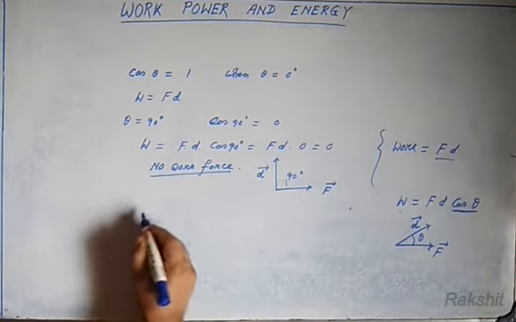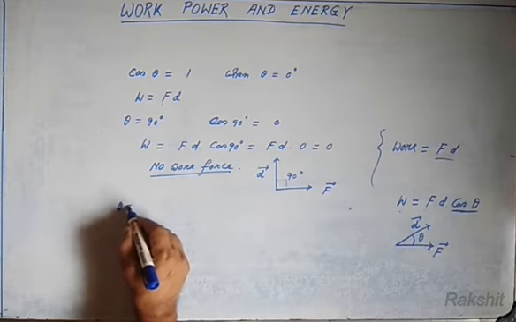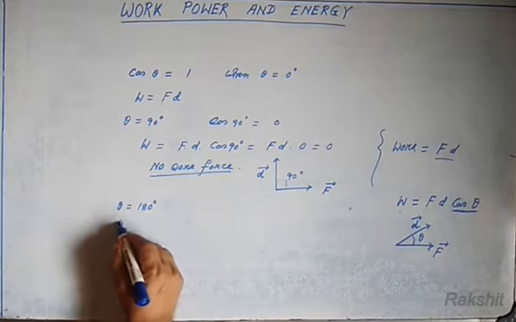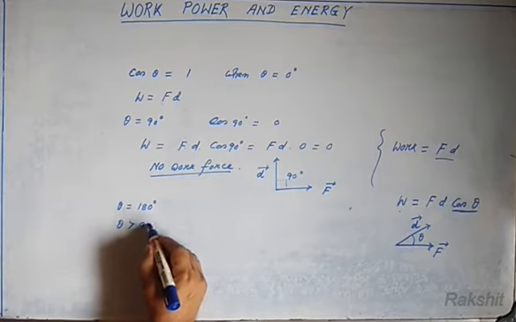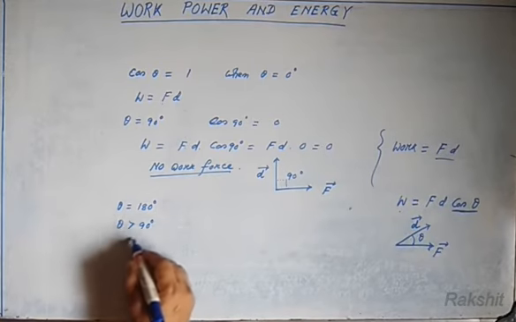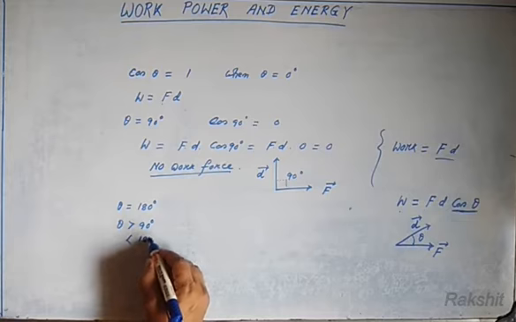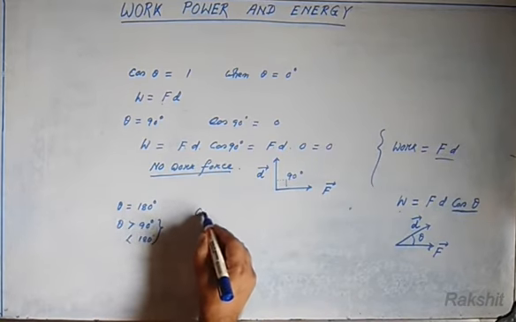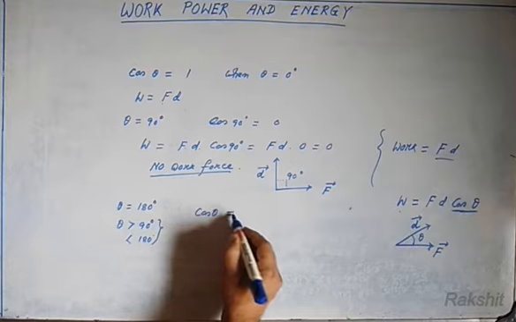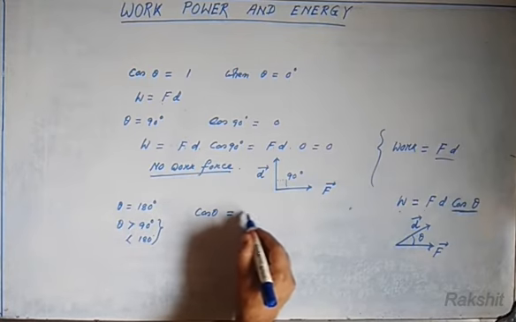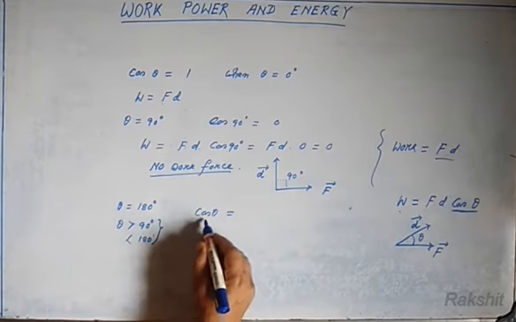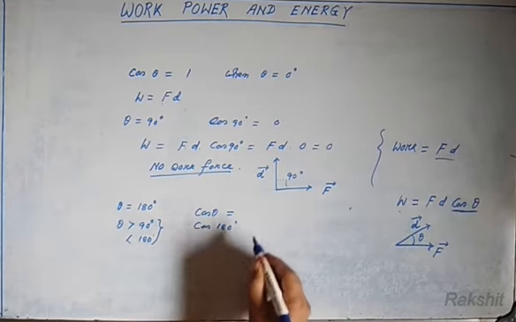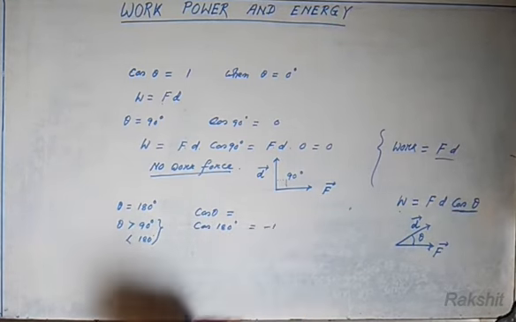Now when theta is equal to 180 degree, or theta greater than 90 degree and less than 180 degree, in this region the value of cos theta is negative. Suppose cos 180 degree is equal to minus 1.